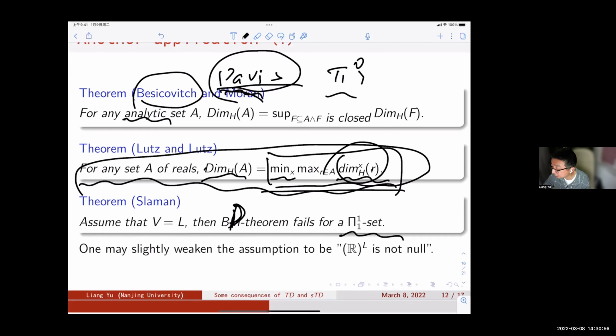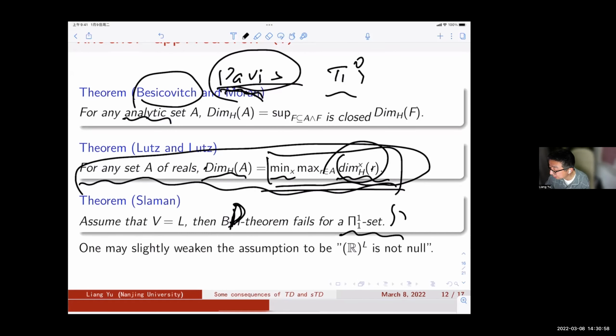Actually, this set is very simple: it's the set of X in omega_1^X. It's a Pi^1_1 set, and it has no perfect subset. This was proved by Slaman. This assumption can also be weakened to the set of constructible reals not being null.